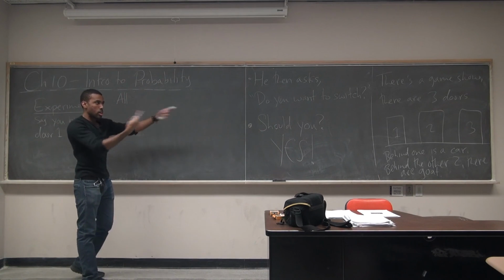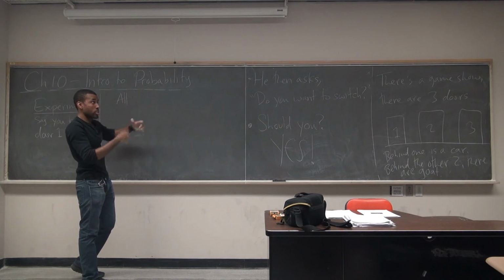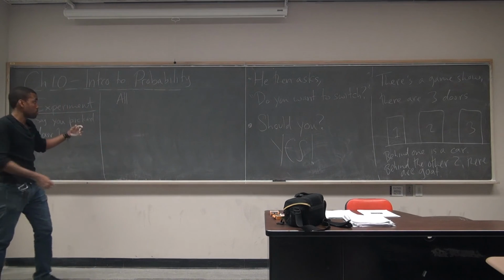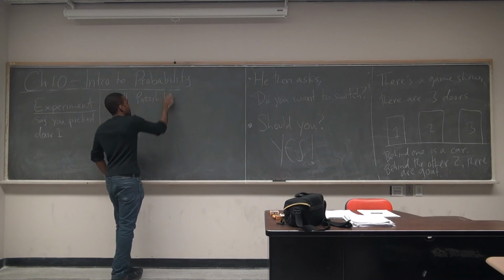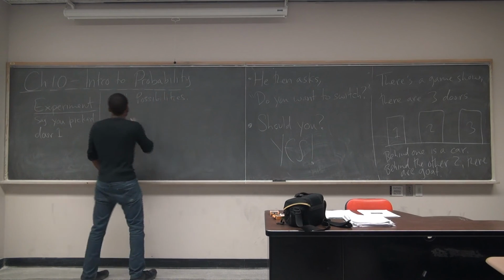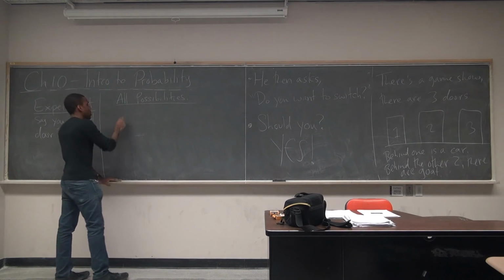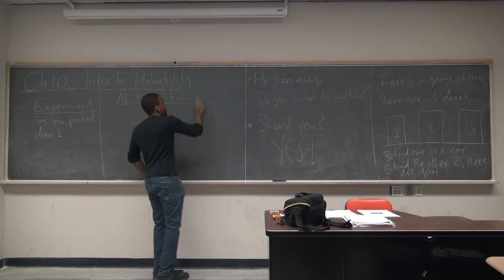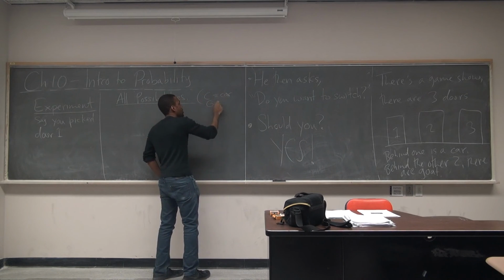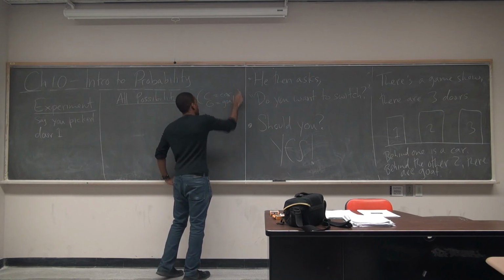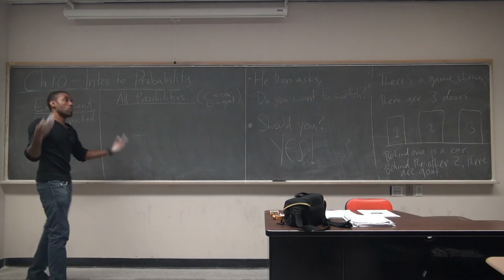We're going to use our definition of probability that we had before, the number of ways something can happen versus the total possibilities. What are all possibilities? 1, 2, or 3. Right? So let's say C equals car, G equals goat. Pretend we're not Alba and we want the car.